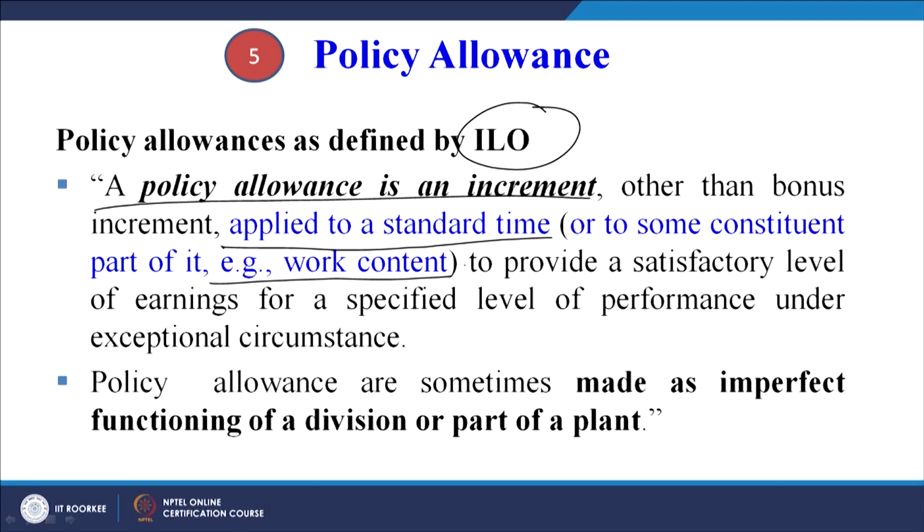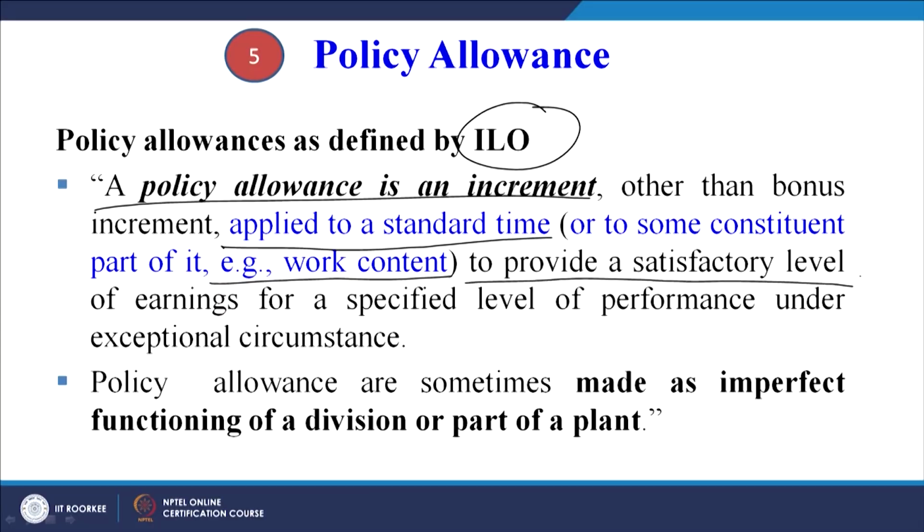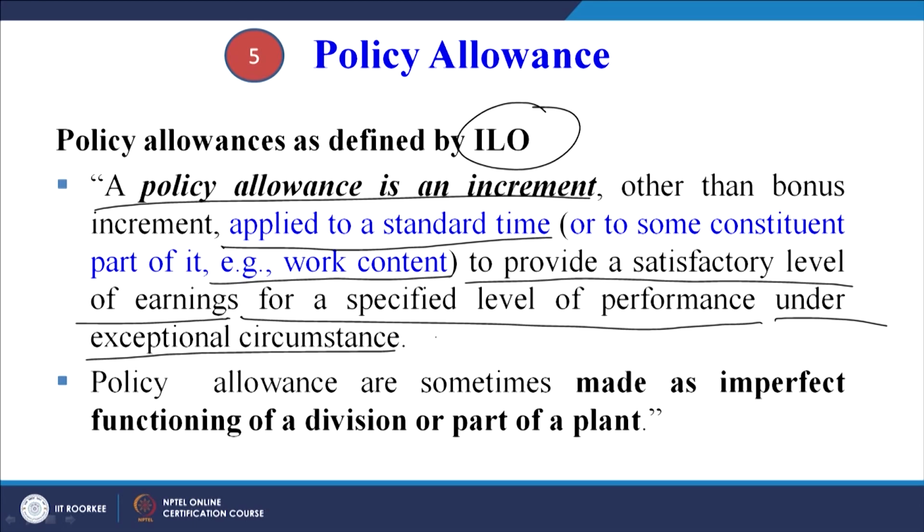So maybe we will add this allowance into the work content or for the calculation of the standard time. Why do we need to add the policy allowance? It is given here: to provide a satisfactory level of earnings for a specified level of performance under exceptional circumstances. This is to ensure a satisfactory level of earnings for a specified level of performance.